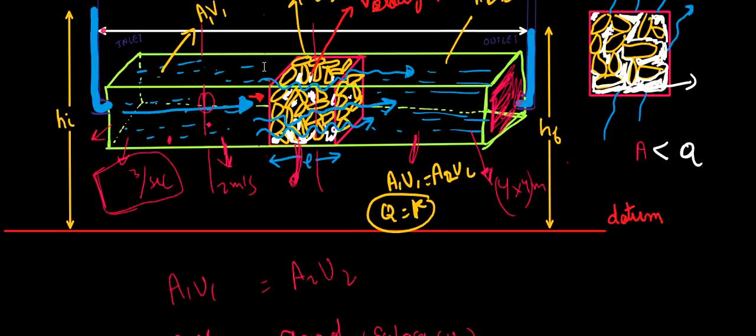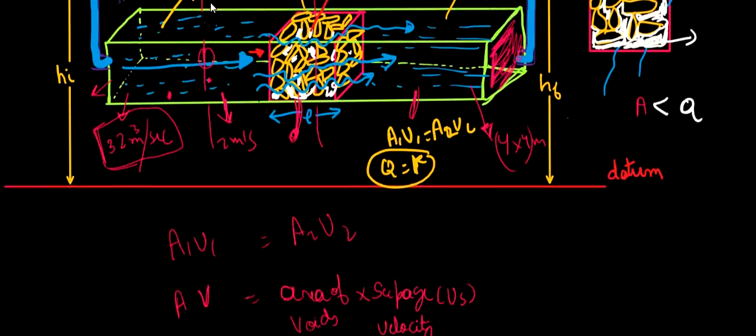So our discharge is nothing but area into velocity. The area will be 4 into 4, that is 16, and into velocity 2, that is 32. So 32 meter cube per second is the discharge that is available across all the points.